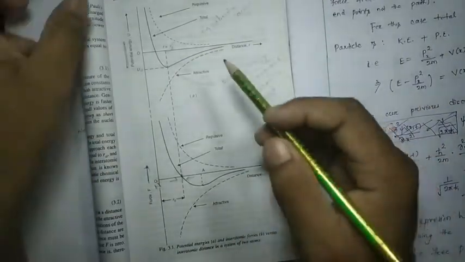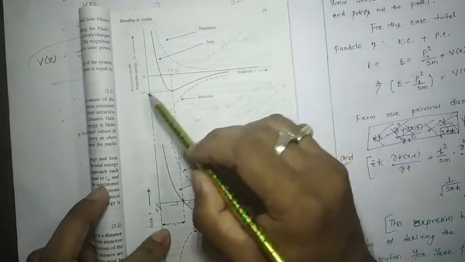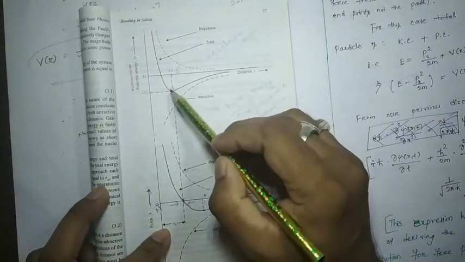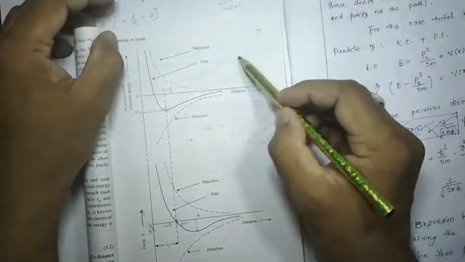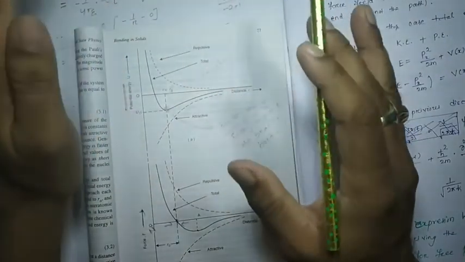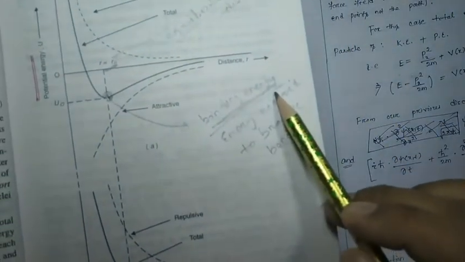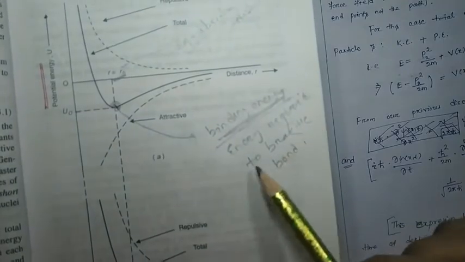Here we can see that at this point, at distance R0 from the nucleus, the potential energy is minimum. The potential energy being minimum tells us that it is the equilibrium distance or equilibrium state, or we can say the binding energy state. This is nothing but the binding energy, or the energy required to break the bond.